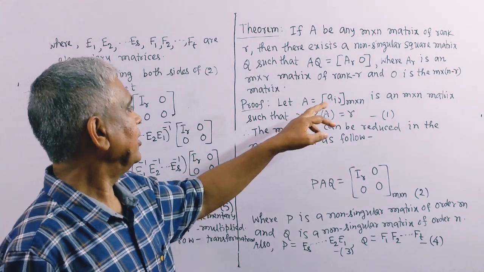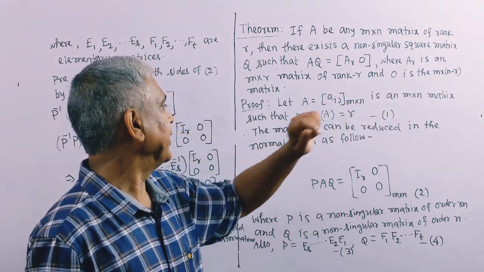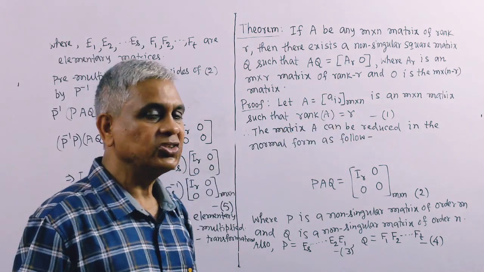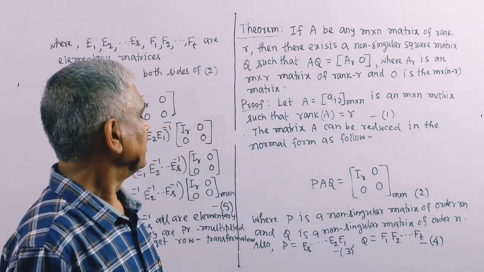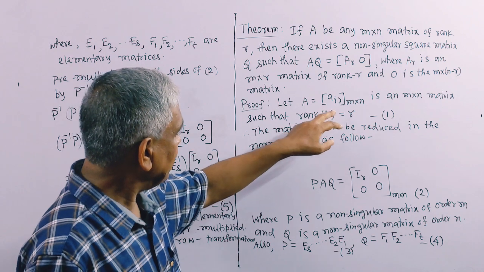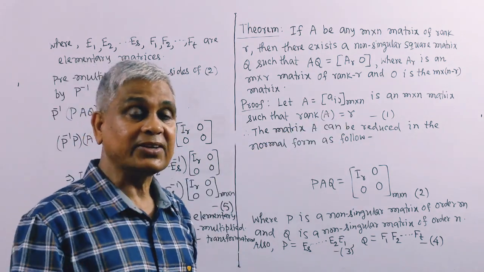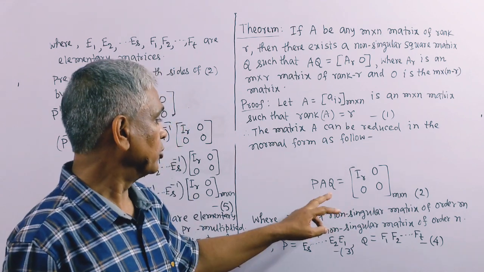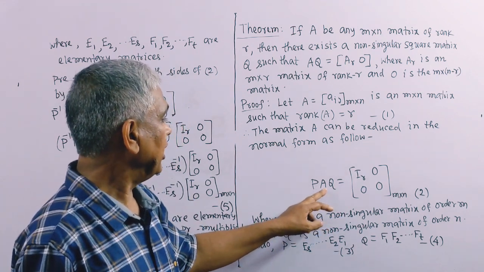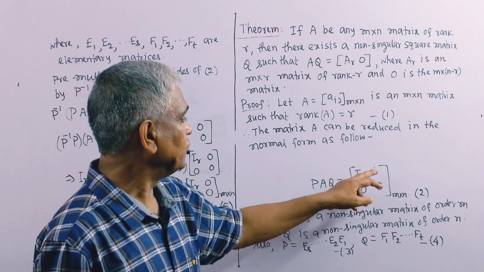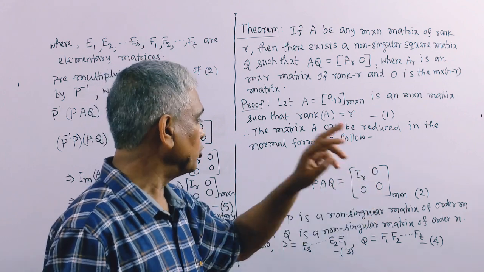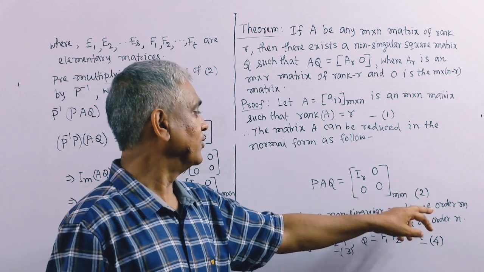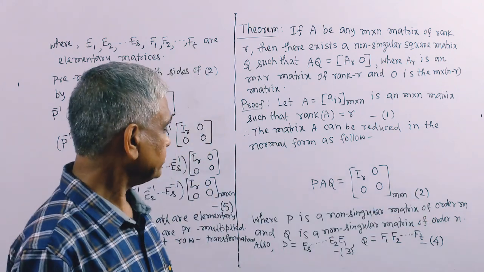Proof. Let A be an m by n matrix such that rank of A equals r. This is number 1. Since the rank of A is r, the matrix A can be reduced to the normal form as follows: PAQ equal to [IR 0; 0 0]. This total matrix is of size m by n. This is number 2.